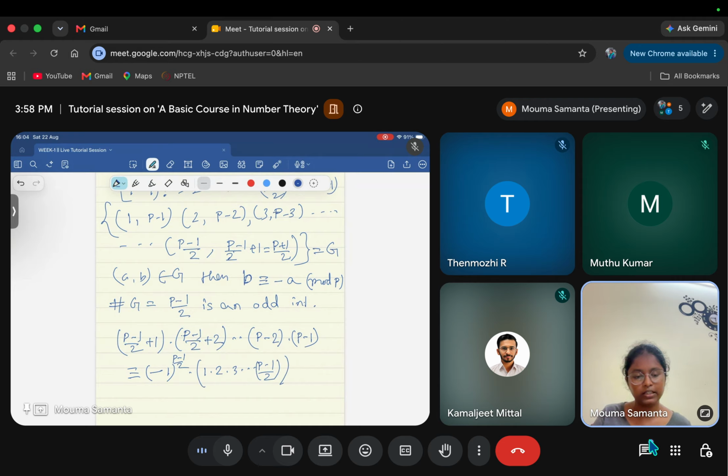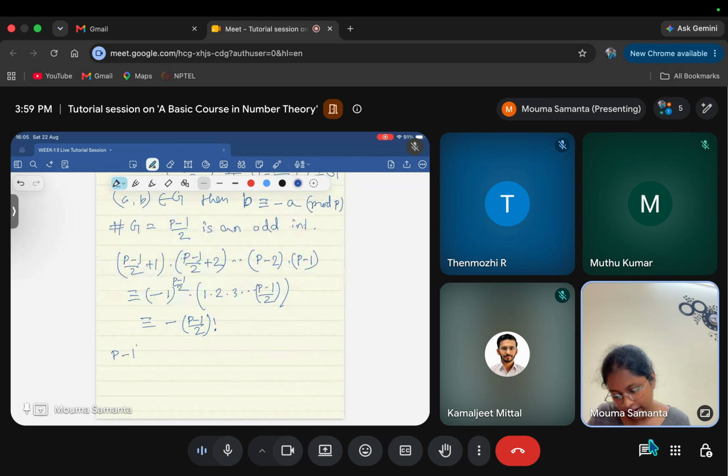Since p minus 1 by 2 is an odd integer, this is equal to minus p minus 1 by 2 factorial.